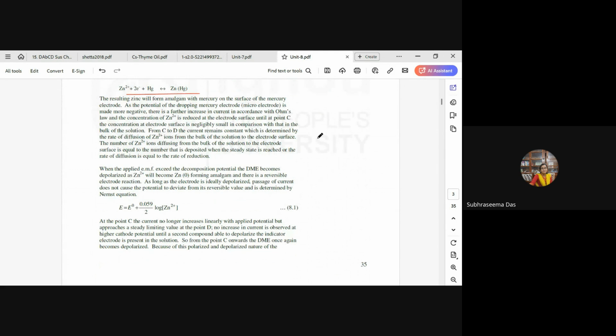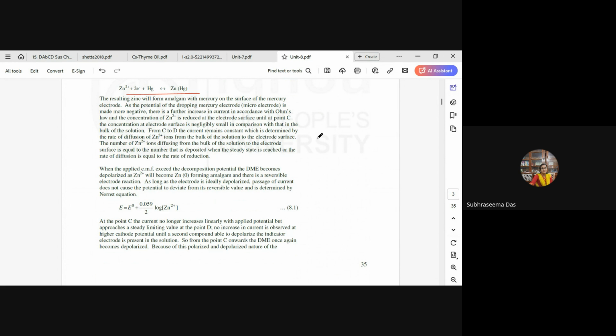The resulting zinc amalgam forms at the surface of the electrode. As the potential of the dropping mercury electrode becomes more negative, there is a further increase in current according to Ohm's law, and the concentration of Zn2+ is reduced until it becomes extremely small.